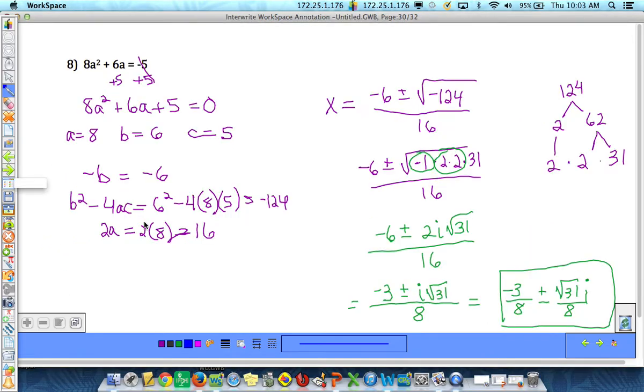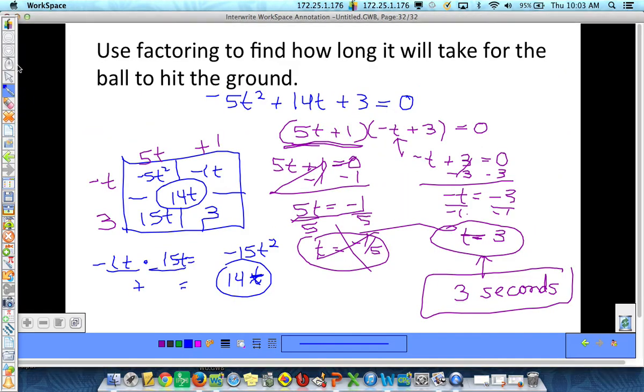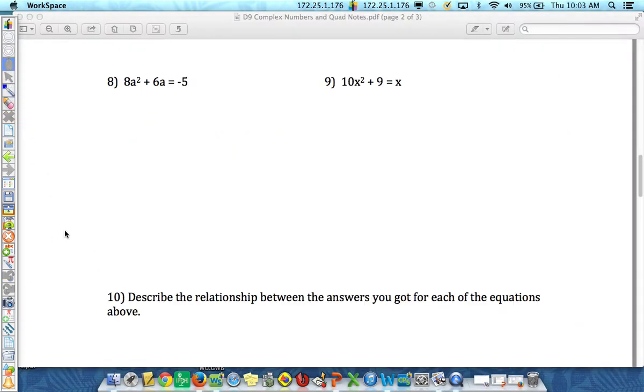If you look back at the previous one here, the same thing would happen. You'd have negative 3/8 plus square root of 31 over 8 times i, and negative 3/8 minus square root of 31 over 8 times i. In both cases, the answers are conjugates. They always come in conjugate pairs.